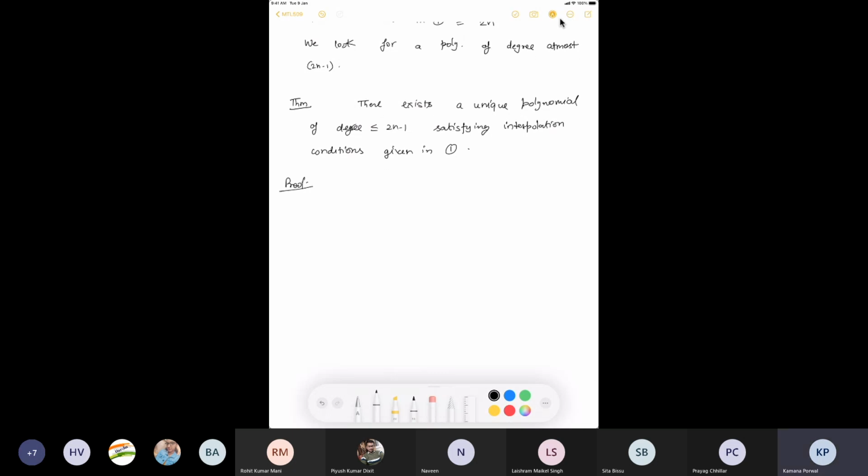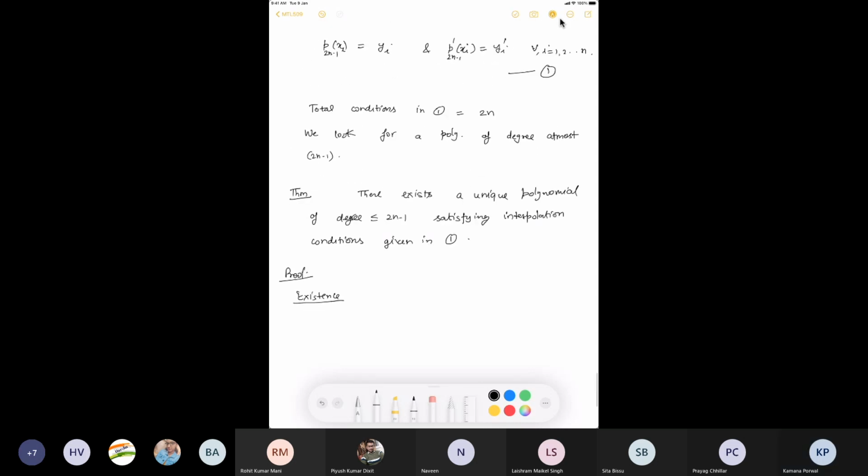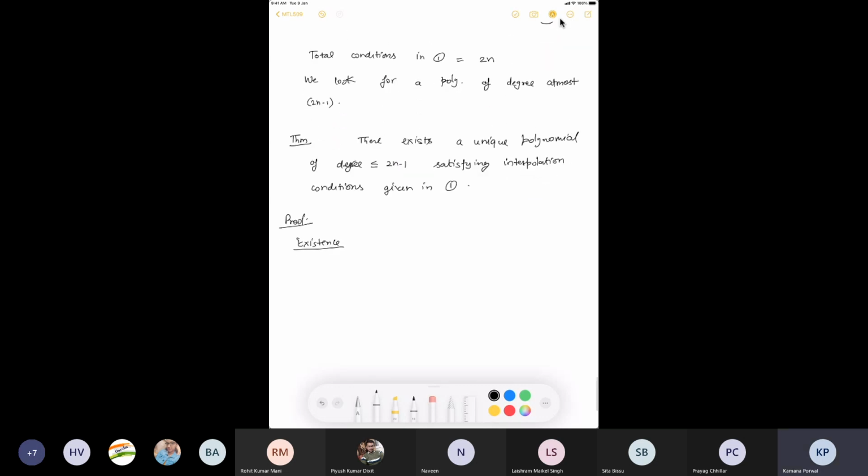First, I'm going to do the existence part. That is, we will show that there exists a polynomial satisfying condition 1. That is, it will coincide with yi's at the xi's and its derivative will coincide with the yi prime at xi's.